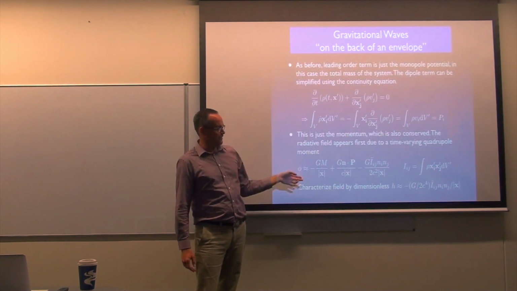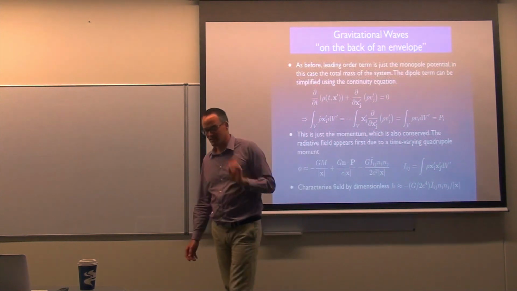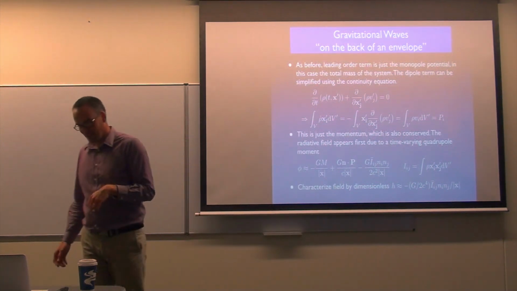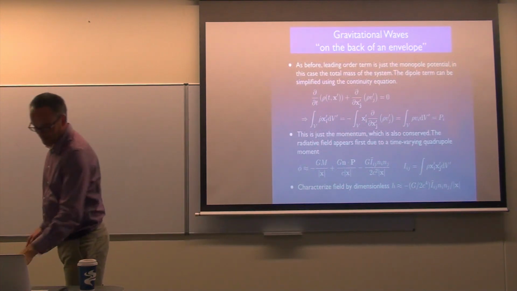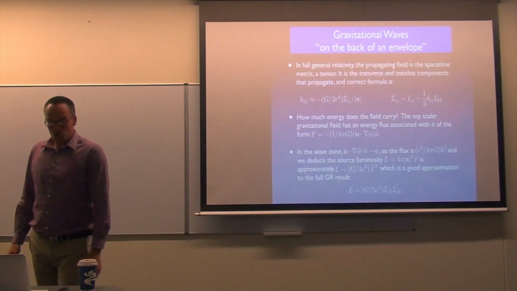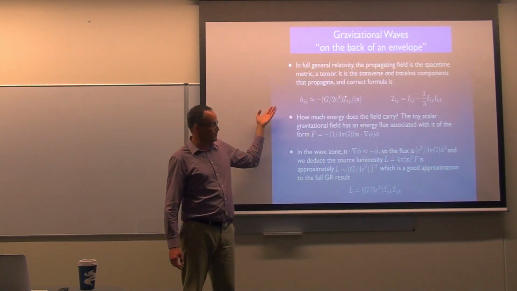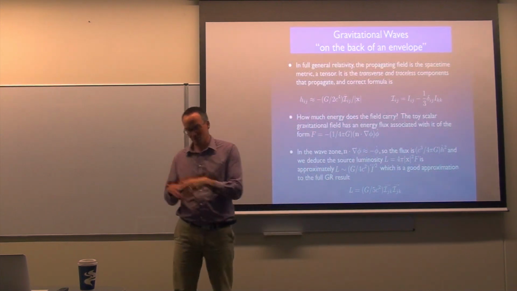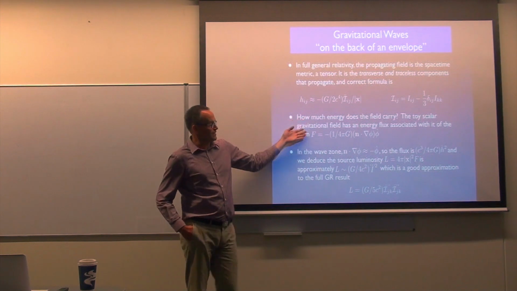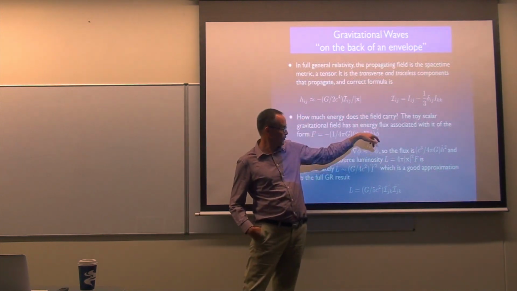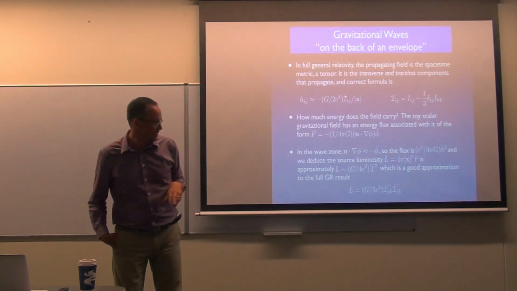But the point is, you can deduce that the way h scales is as I double dot over distance directly from this simple approach. You can also deduce that the energy carried in the gravitational waves should go like h dot squared, just by thinking about this potential as a scalar field that's carrying energy. Its flux is then the gradient of the field times the time derivative of the field, and those are basically the same at large distances.